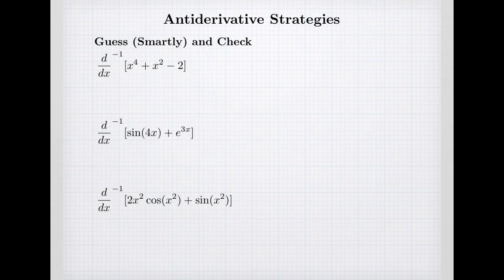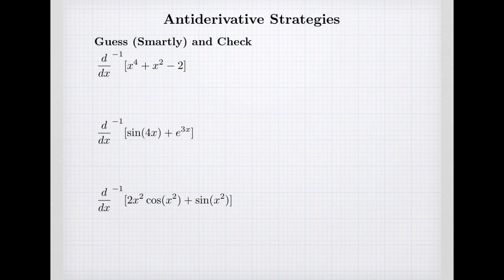So here, the first example, I want to find the antiderivative of x to the fourth plus x squared minus 2. What I need to do is look at each term and ask myself, where did that come from? What is that the derivative of? So I look at the first term, x to the fourth, and ask, what rule do I know that gives me a derivative of x to the fourth?